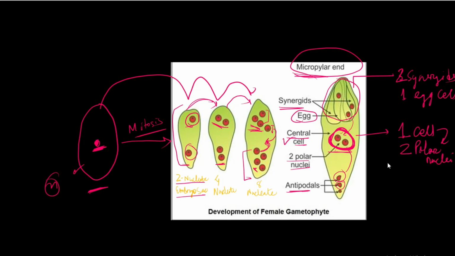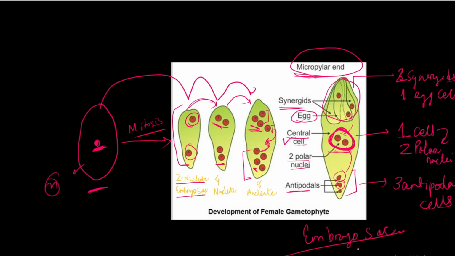At the basal region, there are three antipodal cells. So this is the structure of the mature embryo sac.